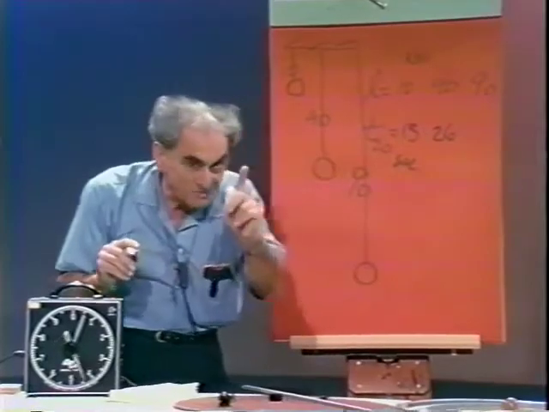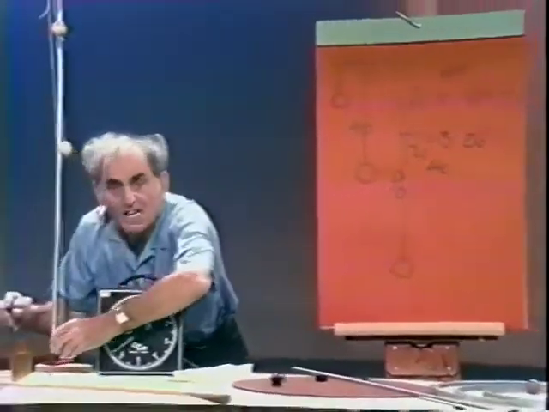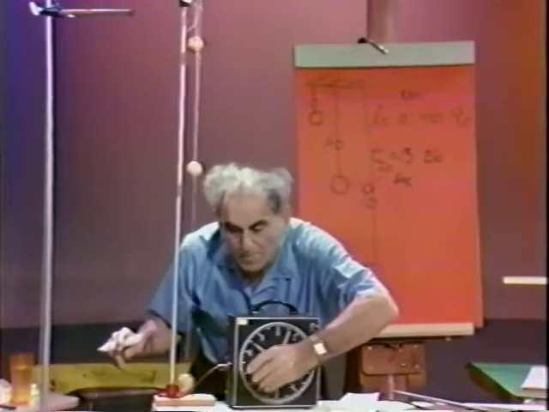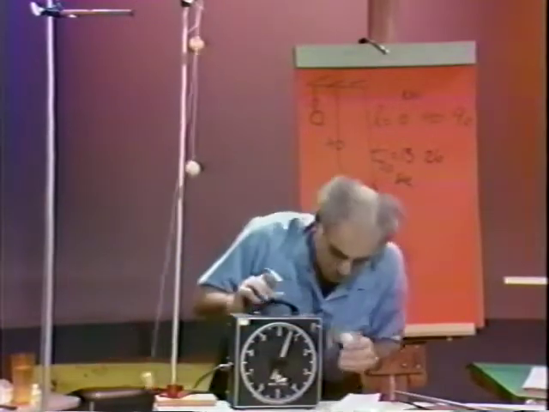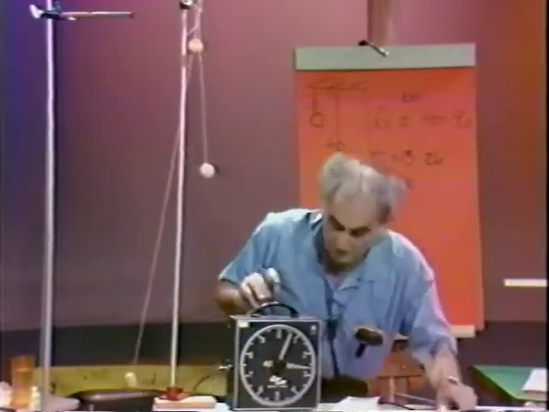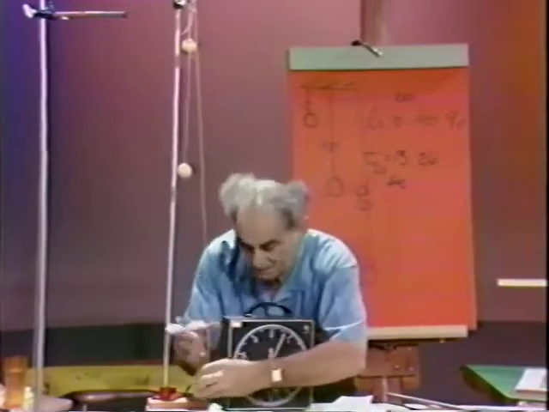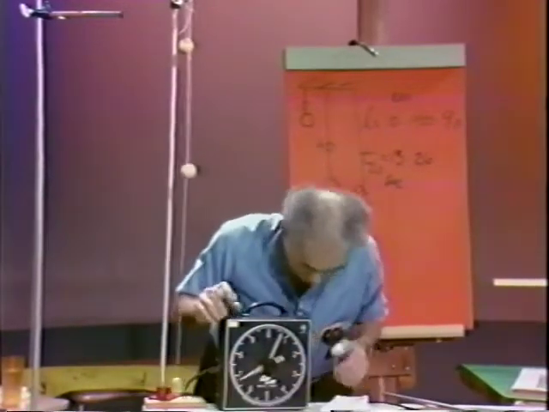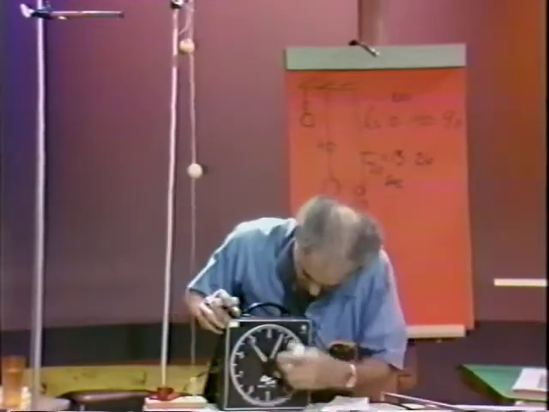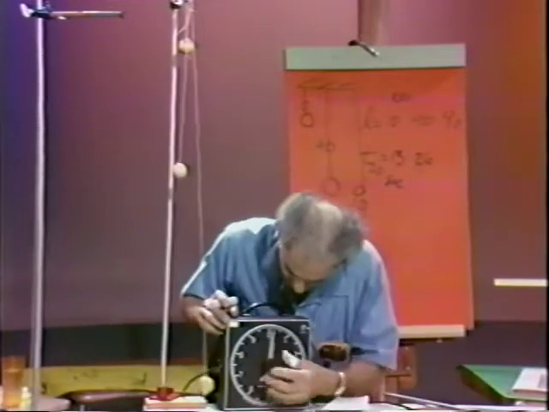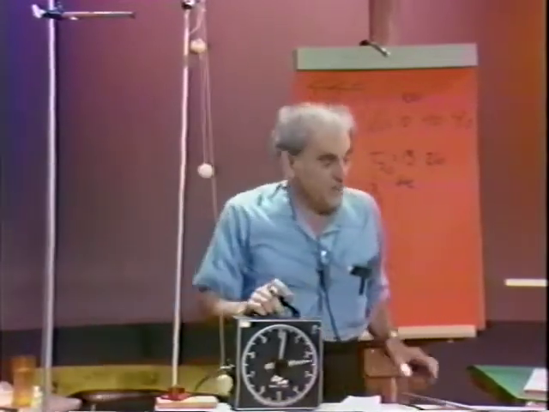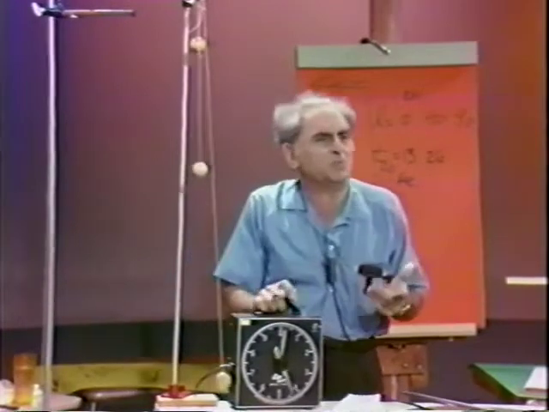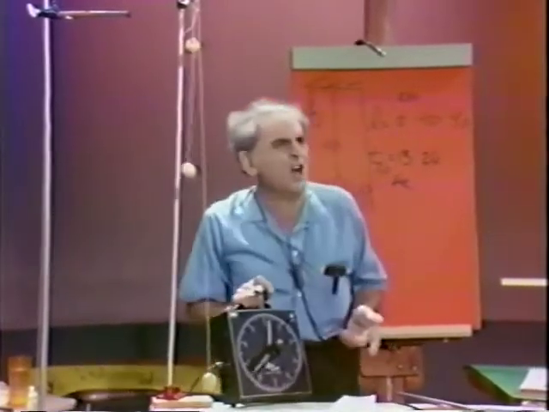Then I would do it with the 90 centimeter one. 0, 1. Oh, I should have stopped this thing because I'm not really clocking. What's going on here? Well, there's something wrong with the clock. Notice now, this is the hazard we run when we depend on mechanical things.